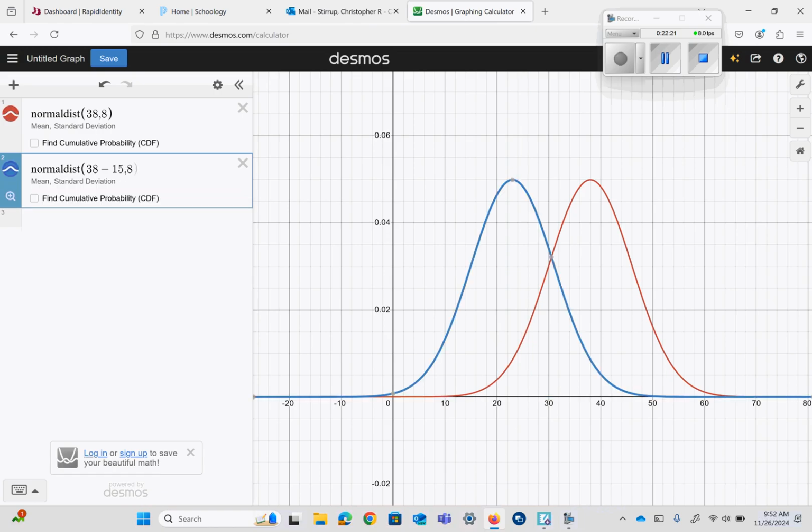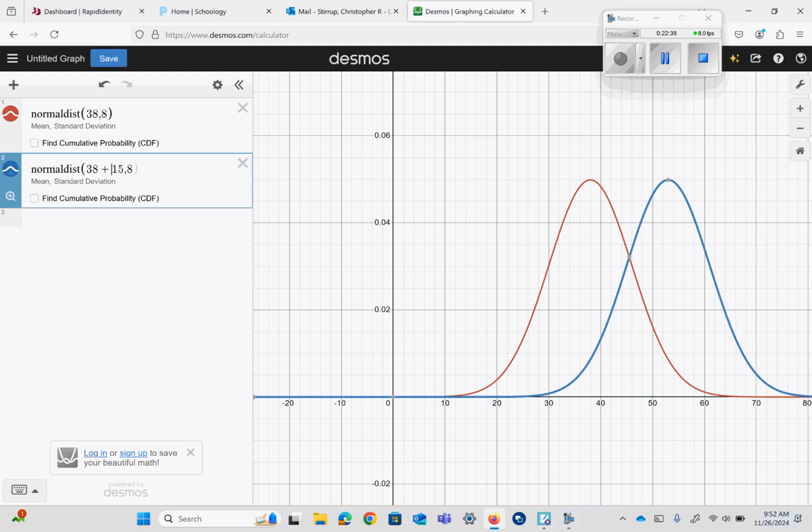All right, there's his new one. The blue is his new standard deviation. Are we adding? Because it's adding 15 minutes. Oh, we're adding, right. Thank you. We got to go this way. Move it to the right. All right, so notice from the red to the blue, all it did was shift. The normal distribution looks the same way.